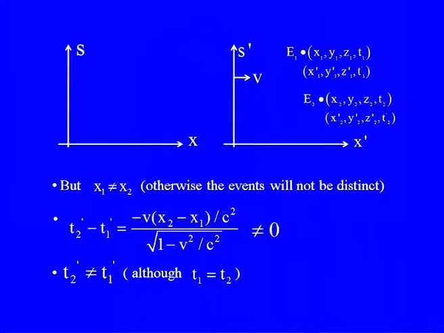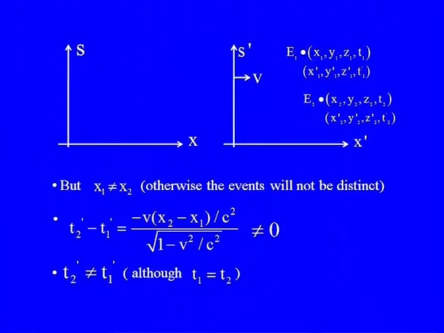From this equation for the difference of times in the prime frame, on the right hand side we have t1 minus t2 taken out. However, the position difference, x1 minus x2, is not 0. Why? Because if it were 0, you would not be able to distinguish between these events.